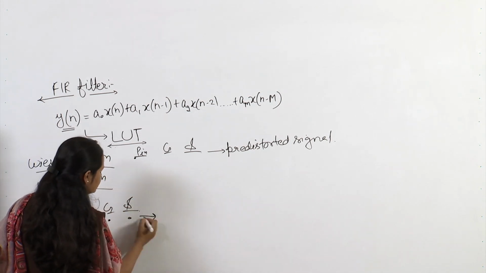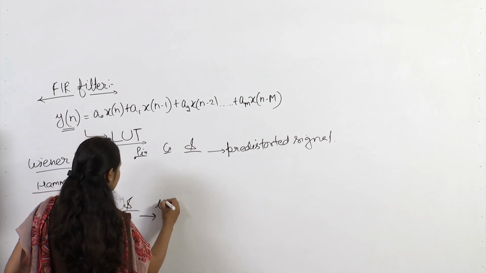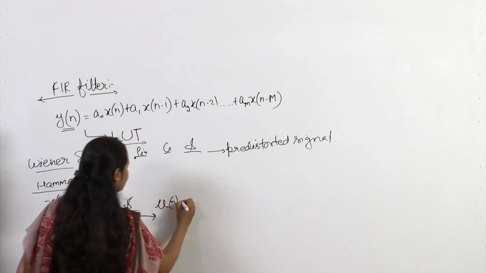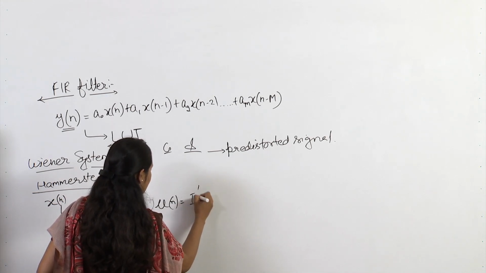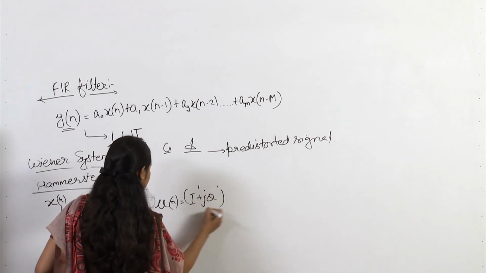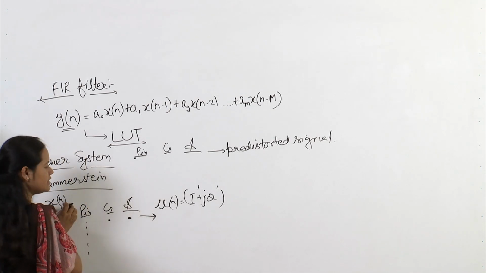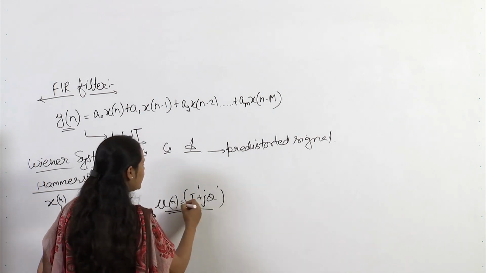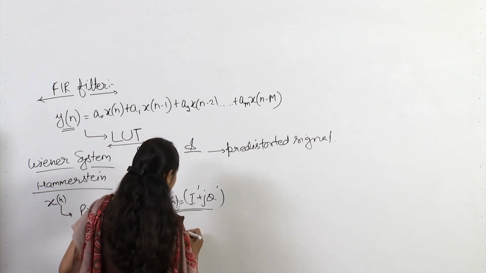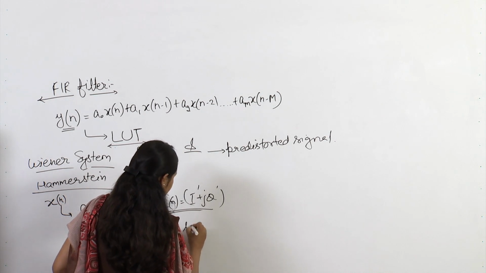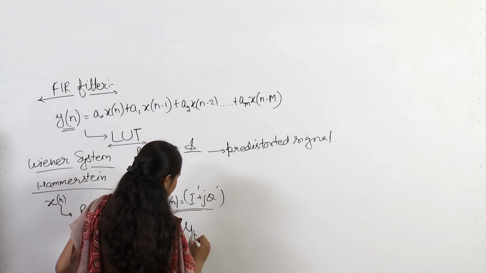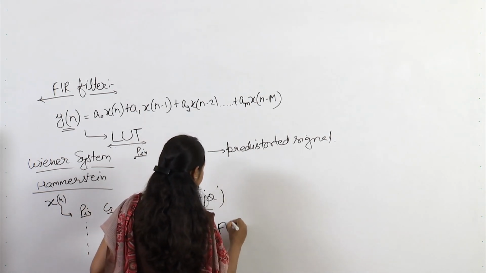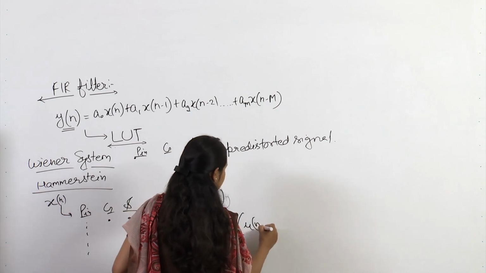With that gain and phase value you can make your u value, which is u[n], which is again a complex number I' plus jQ' based on this gain and phase applied with this input x[n]. And once you have this u[n], then this u[n] is going through the FIR filter. So, your y_PD predistorted output is actually a FIR function of u[n].